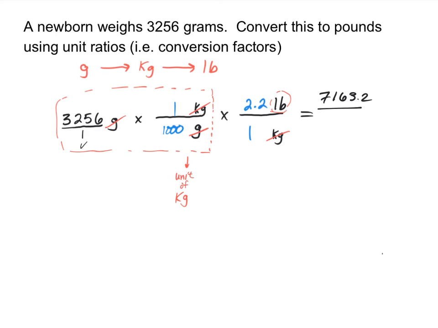Now if I multiply all the denominators, 1 times 1,000 times 1 is just 1,000. And when I divide 7,163.2 by 1,000, I get 7.1632. And this now is in pounds.